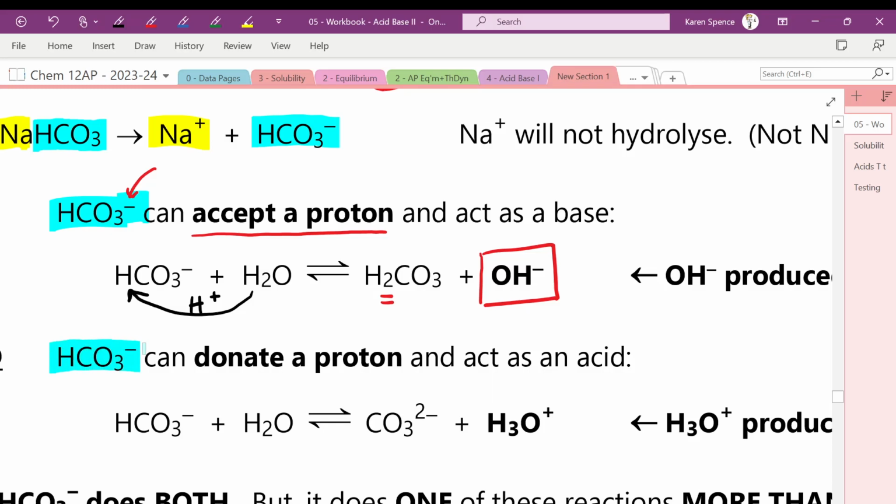However, guess what HCO3 also has? It not only has a negative charge, but it also has an H. And if it has an H, it can donate a proton. Yes? So instead of the H going from water to bicarbonate, now the H is going to go from bicarbonate to water.